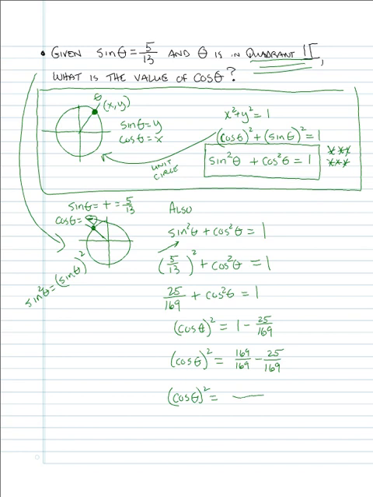When we do that subtraction, 169 minus 25 is 144. Now, normally when we have something squared, we'd say the cosine of theta is either plus or minus the square root of this number, 144 over 169.